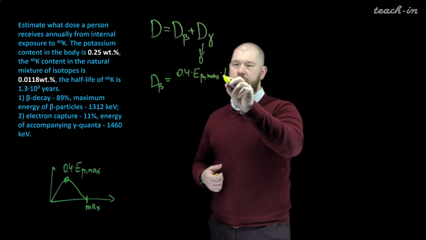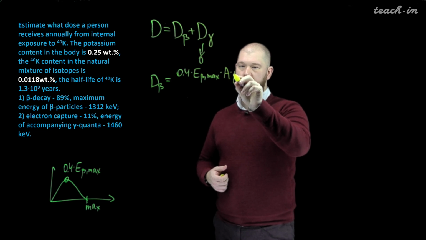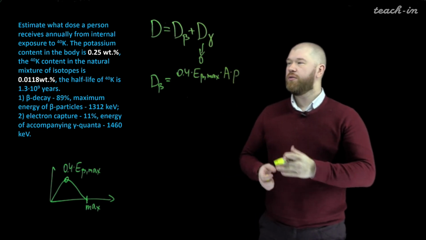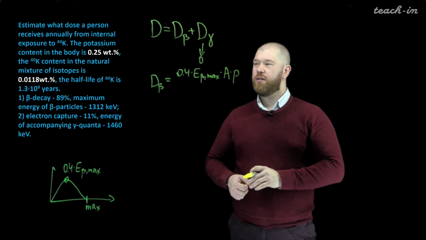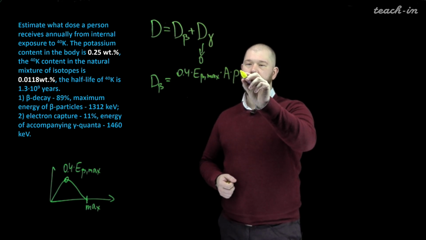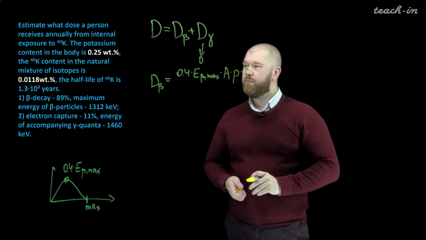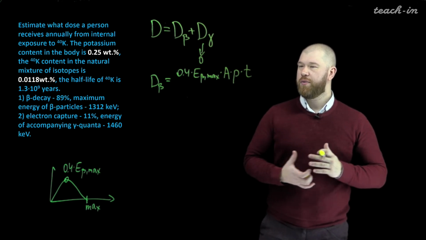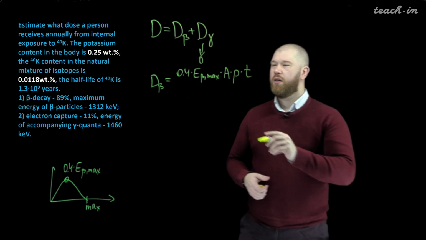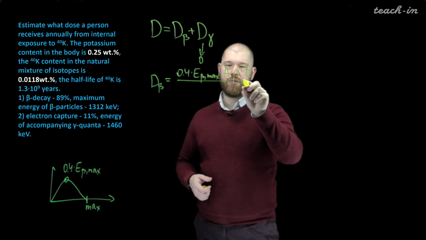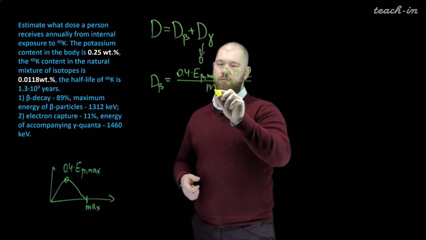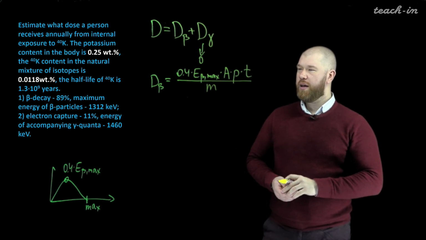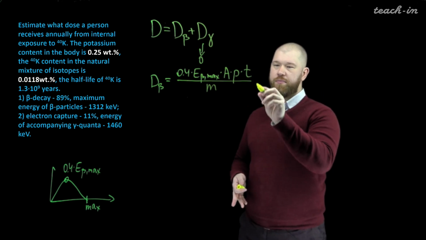So it is the activity multiplied by the yield of the beta particles, which is 89%, and the time, so 1 year. So it will be the number of beta particles that are emitted due to the decay of potassium-40, and we divide all this by the mass of the human body.